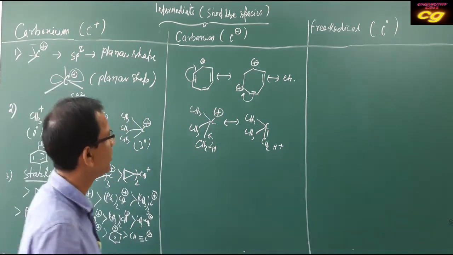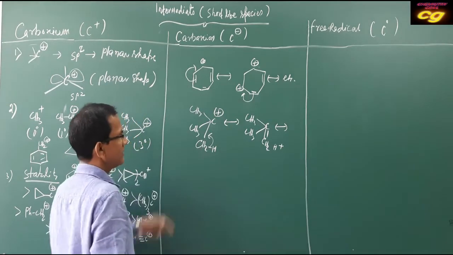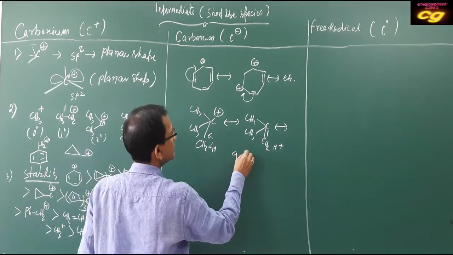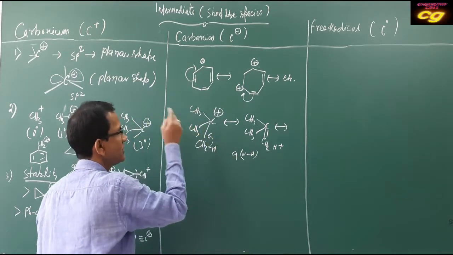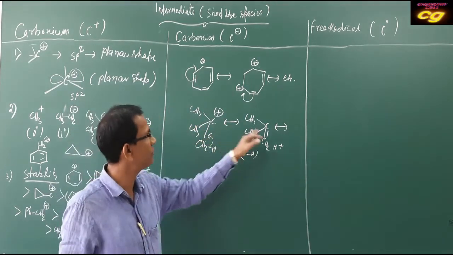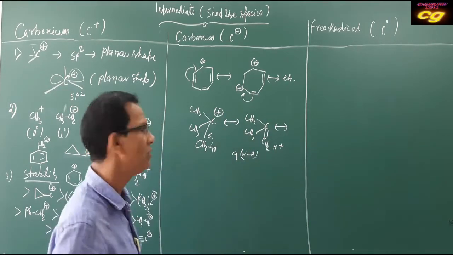Similarly, how many structures are possible? Like this, we have already done 9. So there are 9 alpha hydrogen atoms: 3 plus 3, 6, 3, 9. So 9 types of hyperconjugation are possible, no-bond resonance, that's why stability is also more.